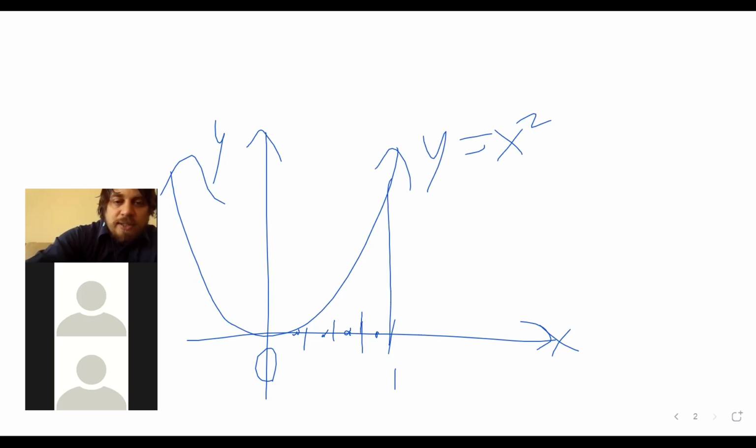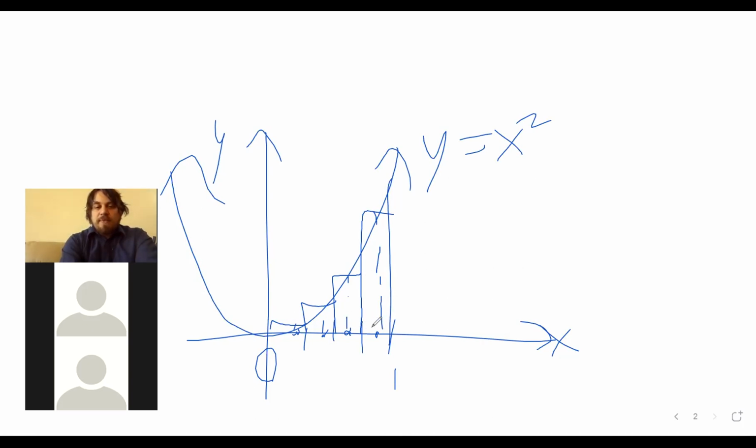And so here, the height of this rectangle is at the midpoint. The height of this rectangle is at the midpoint. The same for the other two. And so now you're determining the heights of your approximating rectangles by the midpoint of each corresponding subinterval. These subintervals on the x-axis are the base of each rectangle.